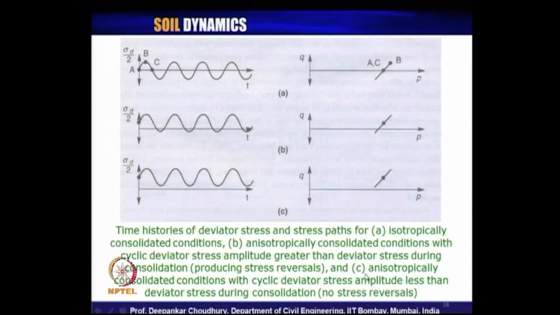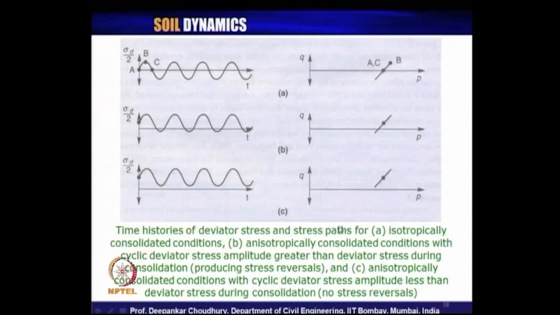And the third one, case C, shows anisotropically consolidated conditions with cyclic deviator stress amplitude less than the deviator stress during consolidation, but there is no stress reversal.